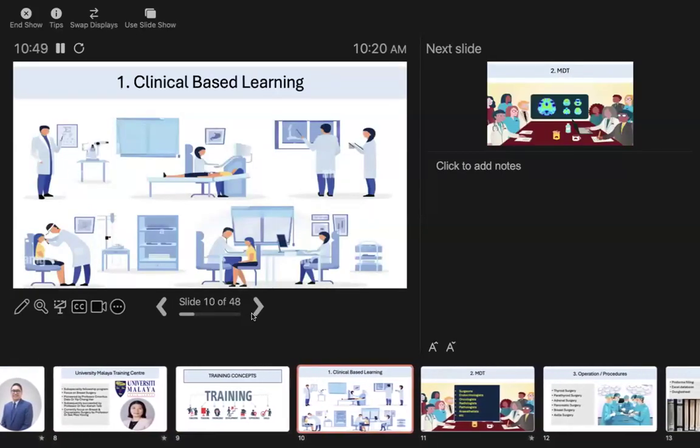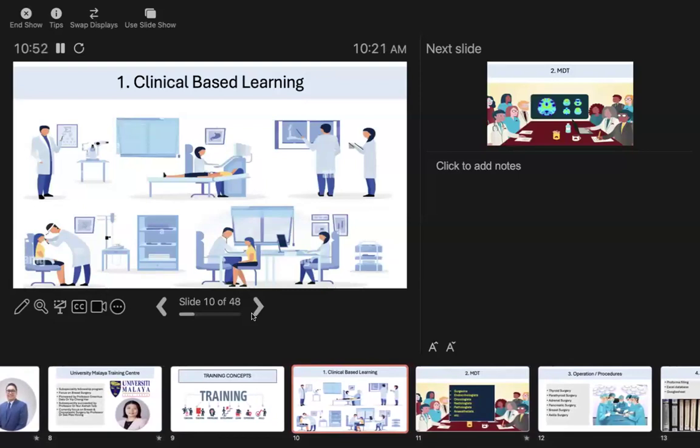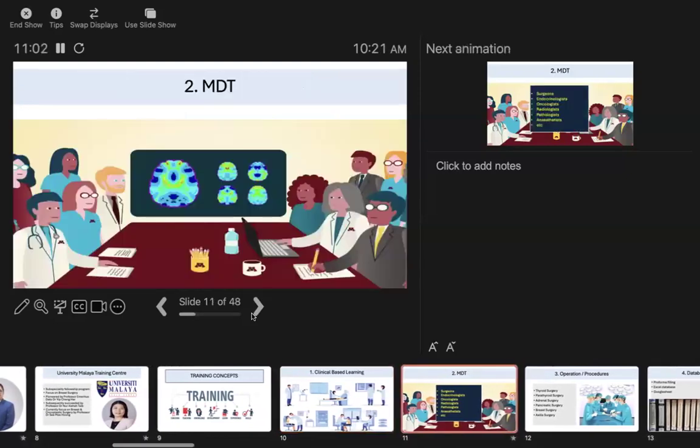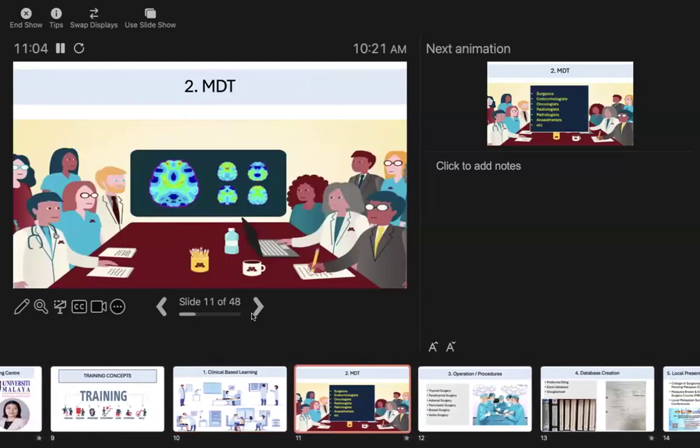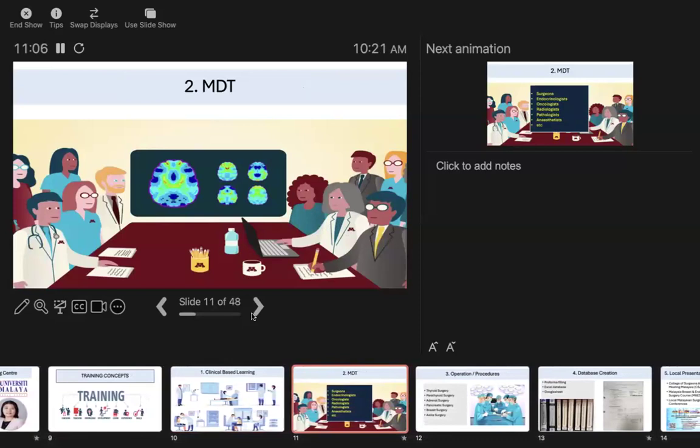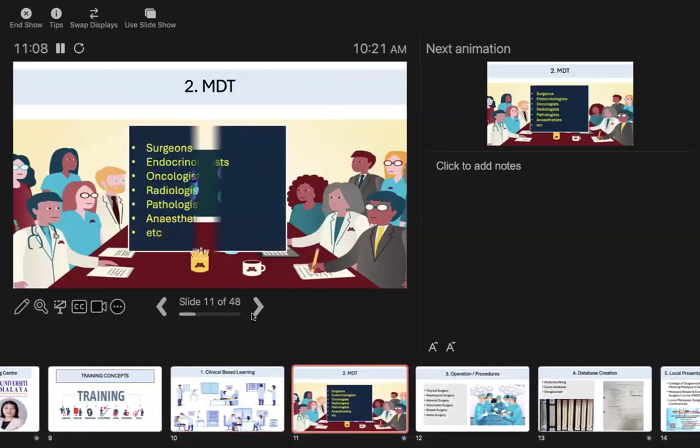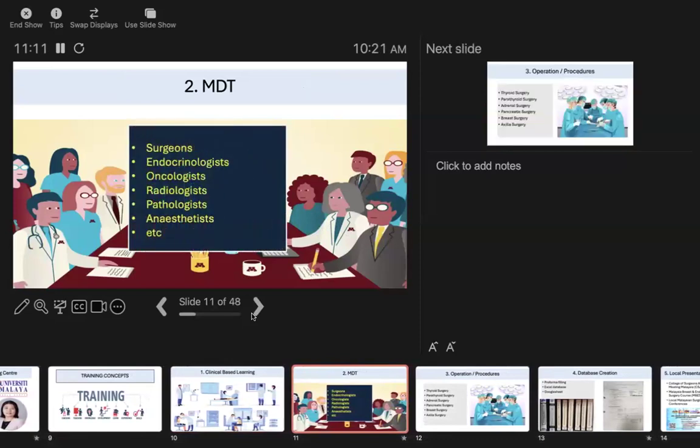Our clinical-based learning program includes all clinical work in the ward, clinic, operation theater, lab, radiology, etc.